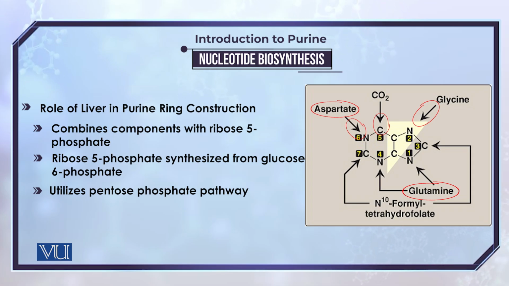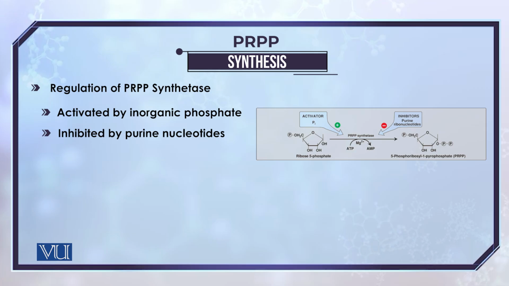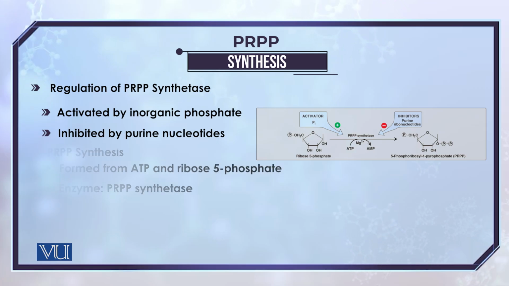Another thing we will see later is that a nucleoside doesn't only consist of purines or nitrogen bases, it also contains the ribose sugar, and this sugar comes from the pentose phosphate pathway. Again, this confirms that different pathways interact with each other, giving or taking the products of each other.